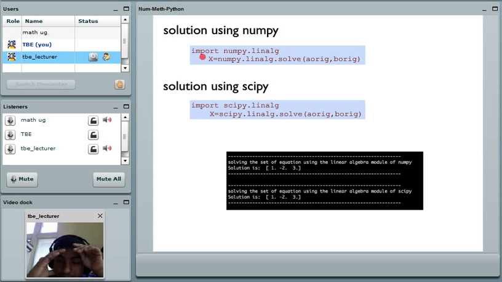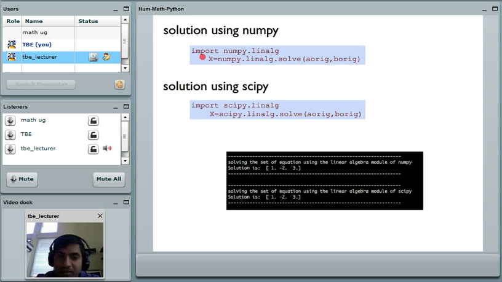So Python has something called the style of importing, which means everything is kind of in separate boxes. NumPy is a separate box, SciPy is a separate box, Python is a separate box. So suppose you want to use anything in NumPy within Python, you have to say I'm going to use something within the box called NumPy.